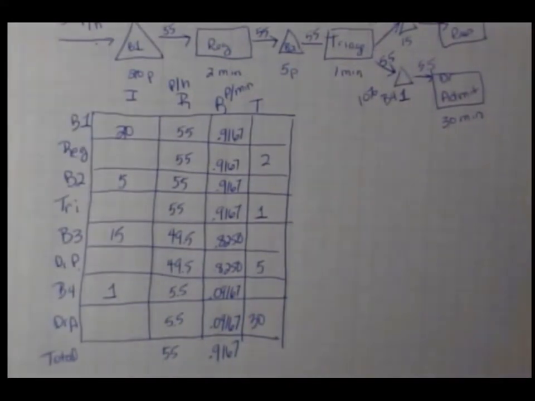Right? And so now what I can do is look down my table, and I've got, again, 2 out of 3 pieces of information for every step in the process. I'm going to use Little's Law to continue to figure it out. Okay?